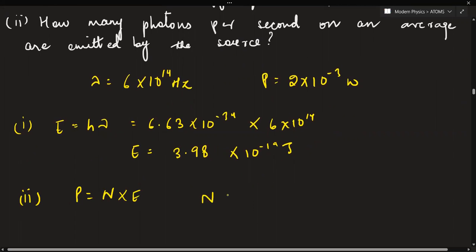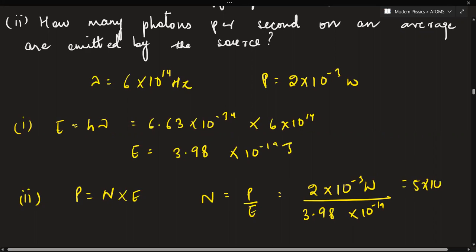So N is equal to P by E. Power is 2 into 10 to the power minus 3, which is given to you. And energy you have already calculated in the first part, 3.98 into 10 to the power minus 19. So this will be 5 into 10 to the power 15 photons per second.